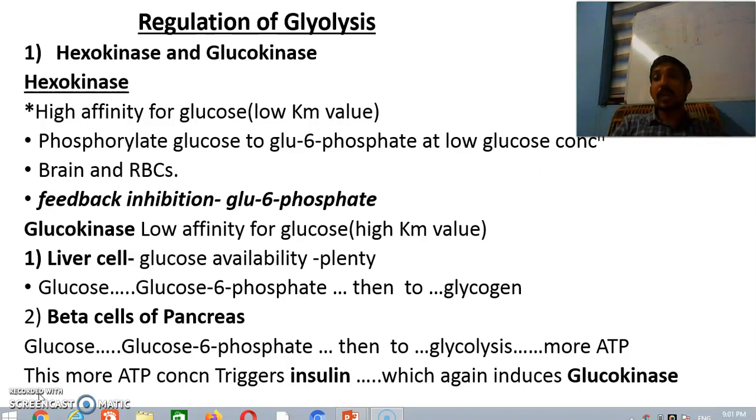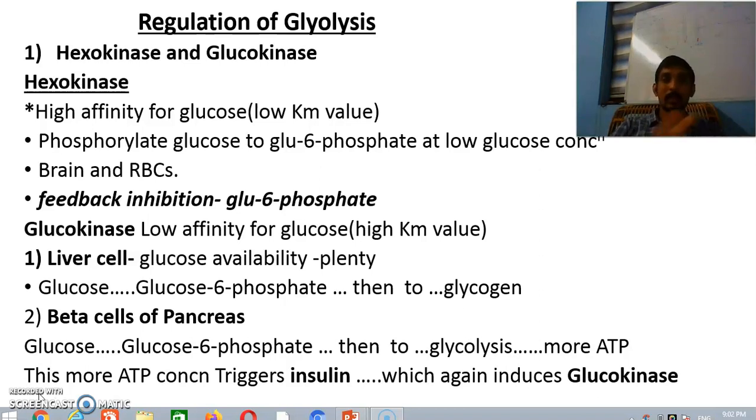That process is called feedback inhibition. Feedback inhibition is when the product of a reaction inhibits its enzyme. Here glucose 6-phosphate inhibits hexokinase to prevent further glycolysis, because the cell already possesses a lot of ATP and doesn't need to produce energy by glycolysis again and again. So it prevents the reaction of glycolysis. That is called feedback inhibition.